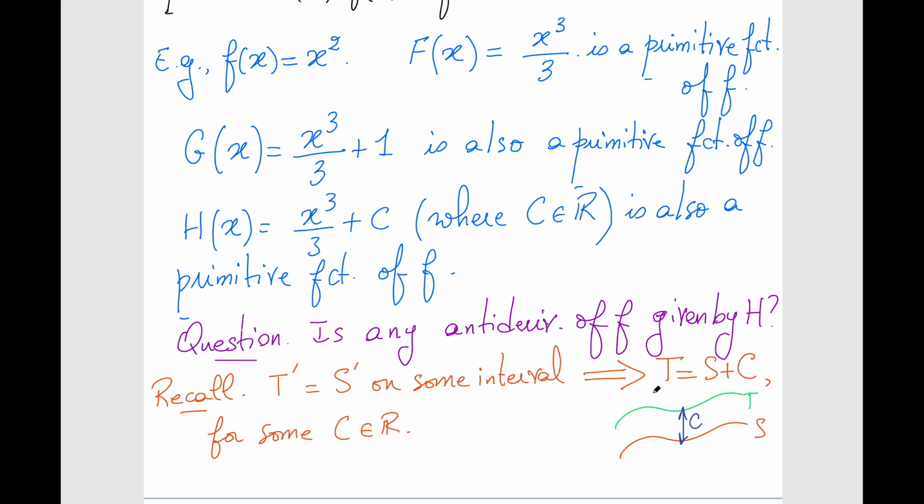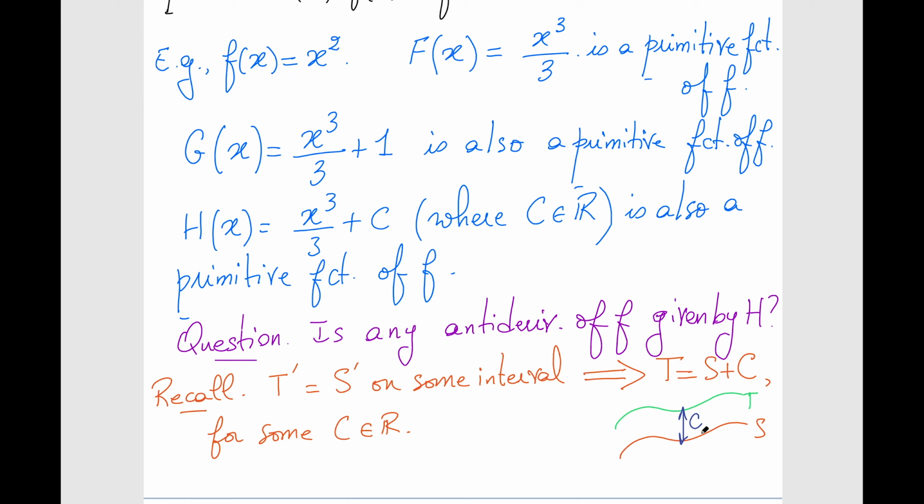So what does it mean? Graphically, it means that we obtain a family of functions whose graphs are vertical shifts of one another. And this makes sense because they're technically the same curves, but shifted.